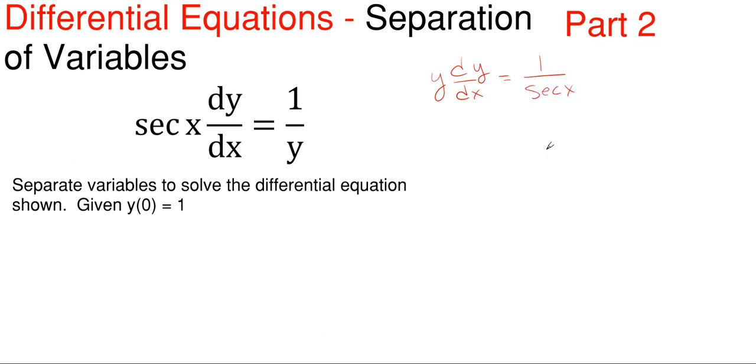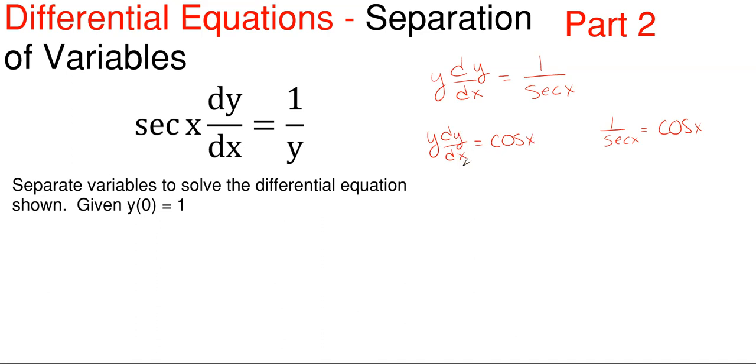Well, the secant of x is not very nice to play with, so I'm going to rearrange that, because 1 over the secant of x is equal to the cosine of x. So what I have here is y dy/dx is equal to cosine of x. Much easier to deal with the cosine.